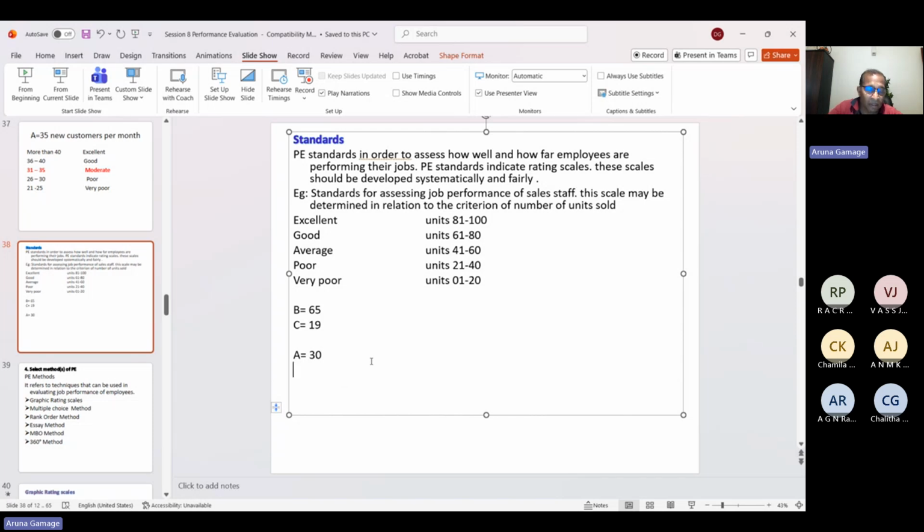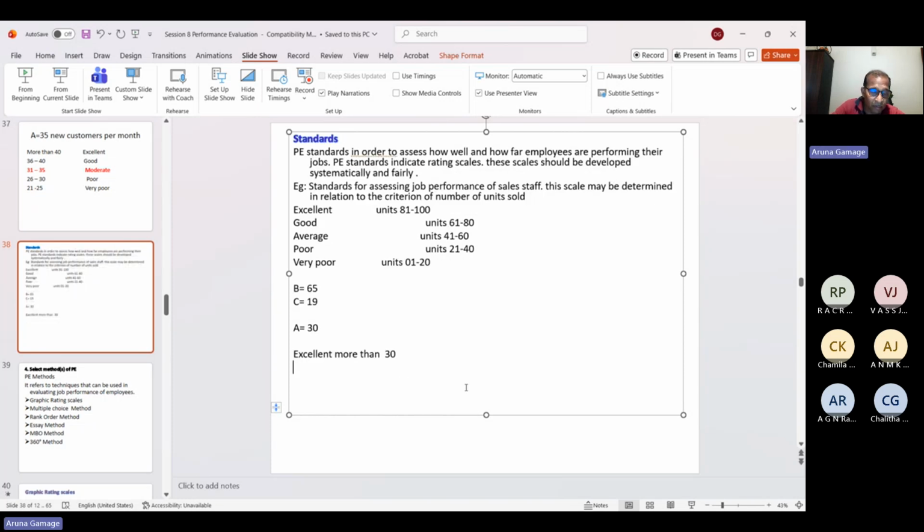For example, let's say excellent if it is more than 30.